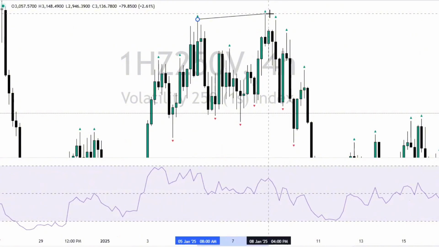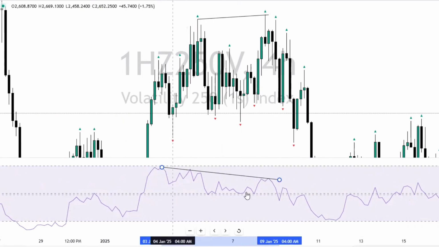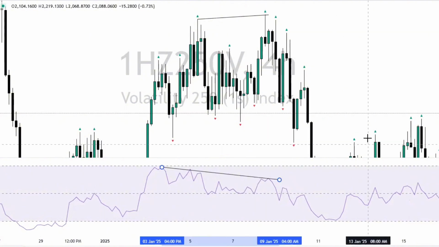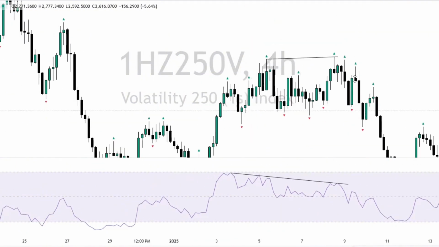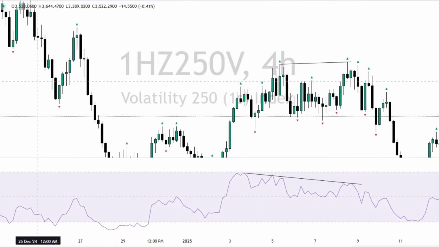You can see the market creating a series of higher highs and higher lows. But here on the RSI, we were already creating lower highs. See what we had here? We're already creating lower highs on the RSI. And you can see that it was happening at a place where the market was willing to reverse back. It was happening at an important place.